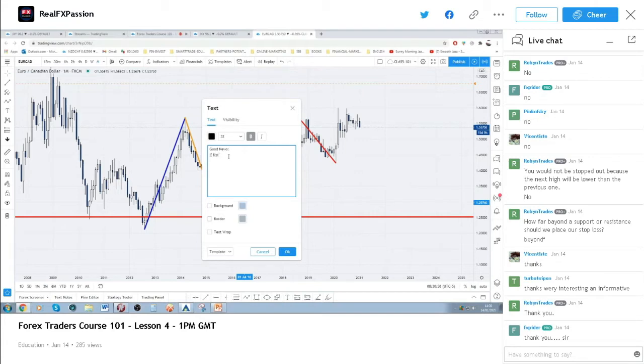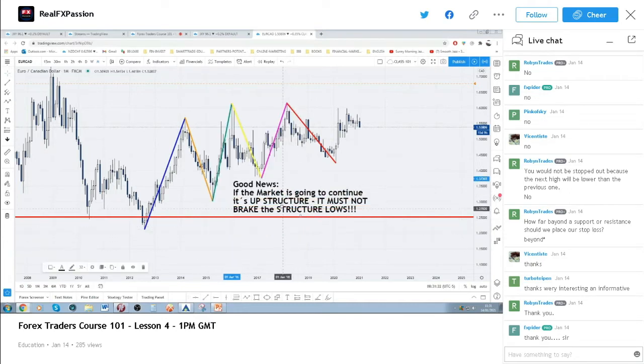If the market is going to continue its up structure, it must not break the structure lows.